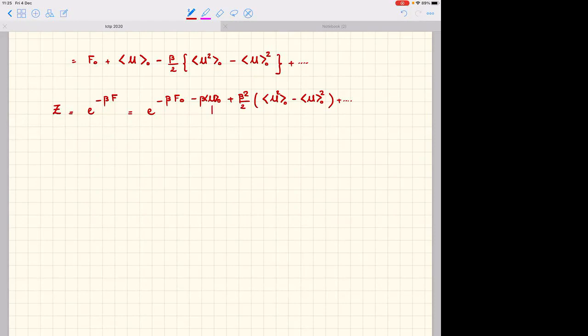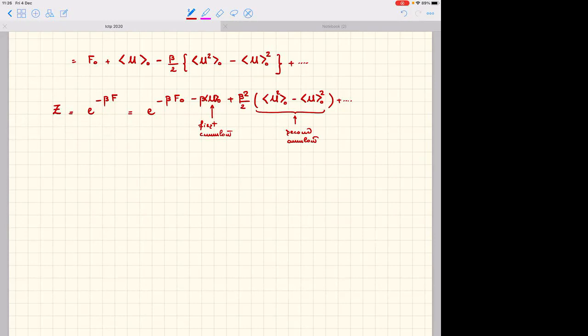This is the first cumulant of the interaction. This one is the second cumulant of the interaction. And so on and so forth.